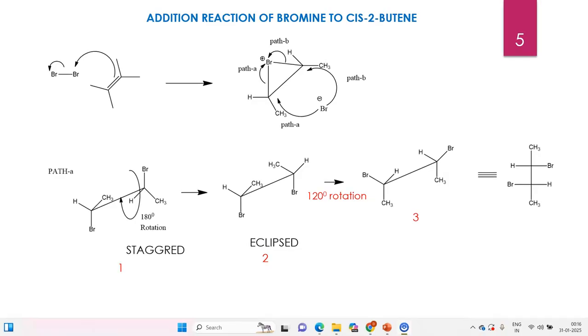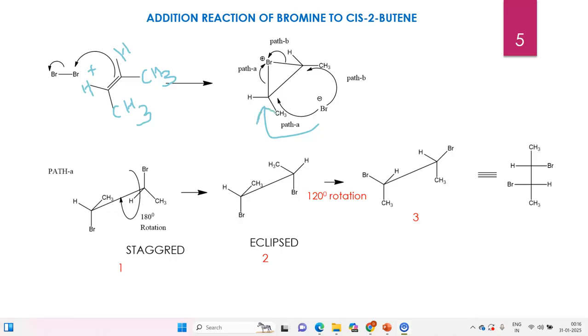Here is cis-2-butene, with CH3 and CH3, and here H and H. Now path A: bromine is added anti-wise.